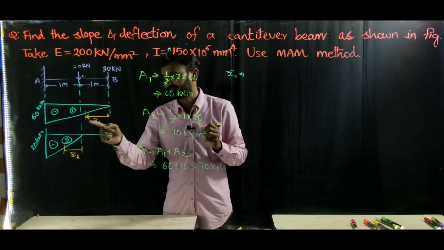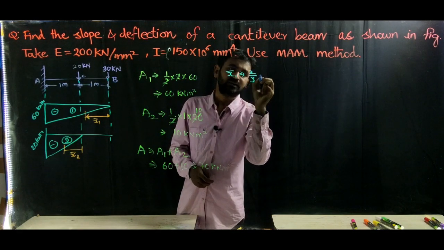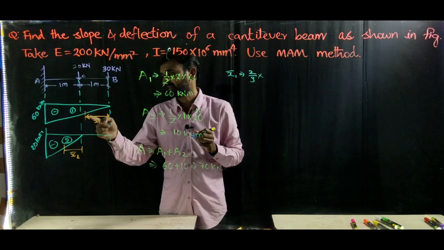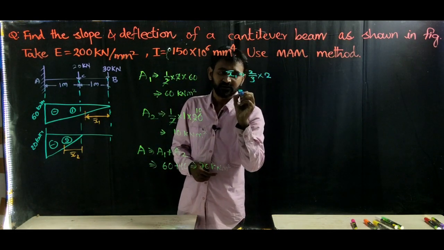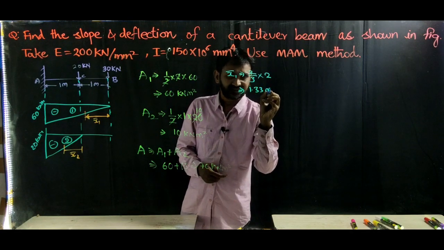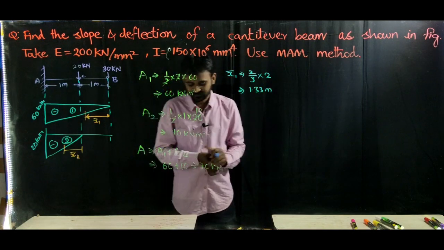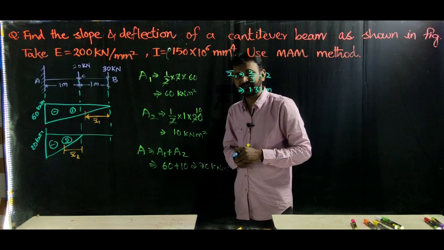In the previous problem also you got this: it is a triangle, so 2 by 3 of the base. What is the base here? 2 meters, right? So x bar is 1.33 meters. Whatever x you got here is 1.33 meters.